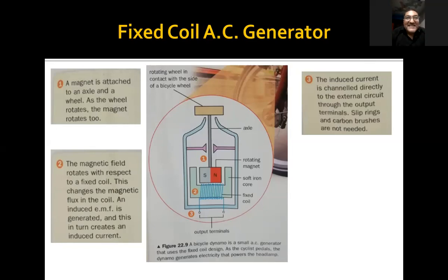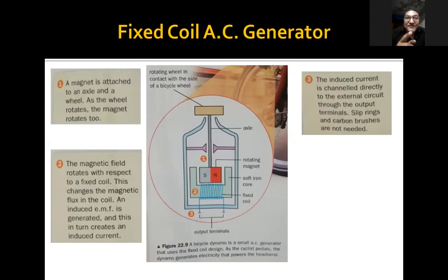But in some generators, what we do is keep the coil stationary and rotate the permanent magnets. In the design till now which we have studied, the magnets were stationary and the coil was rotating.